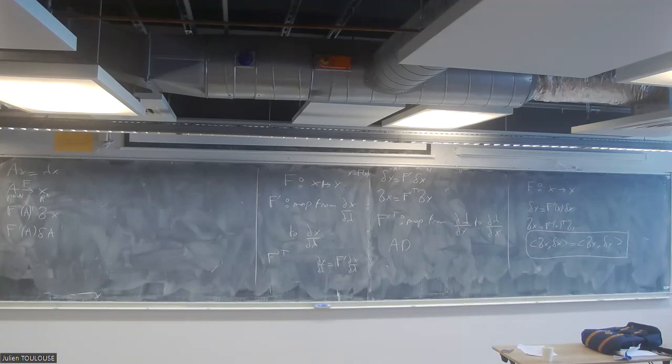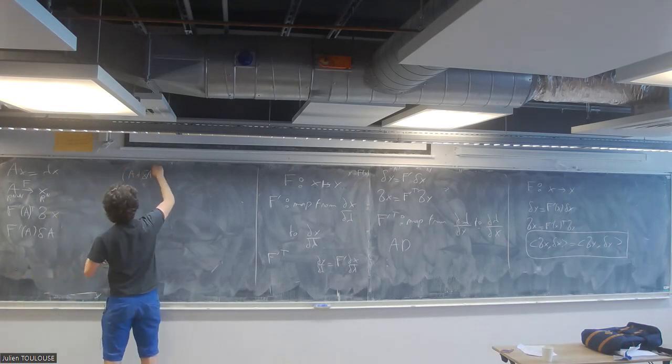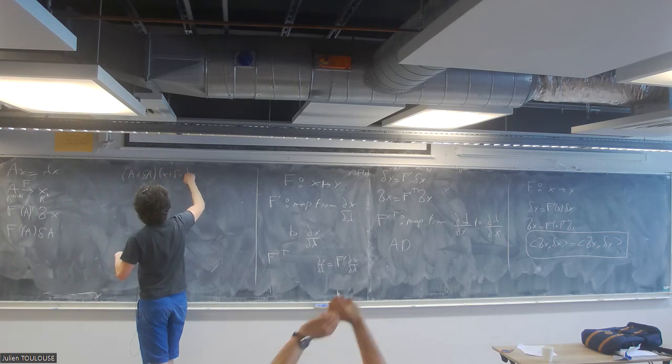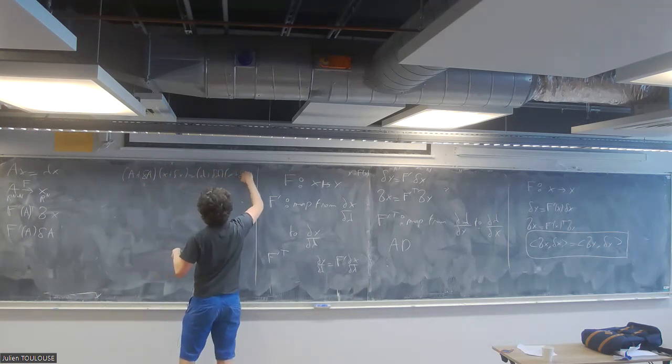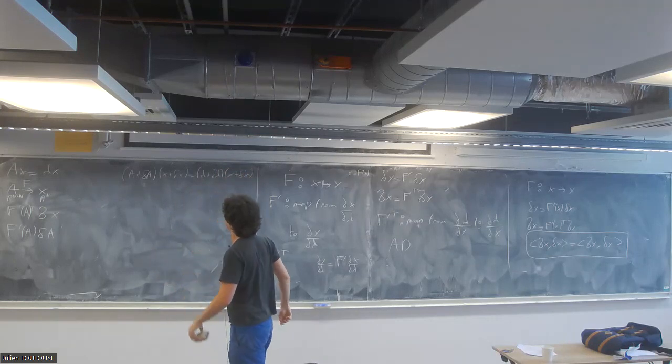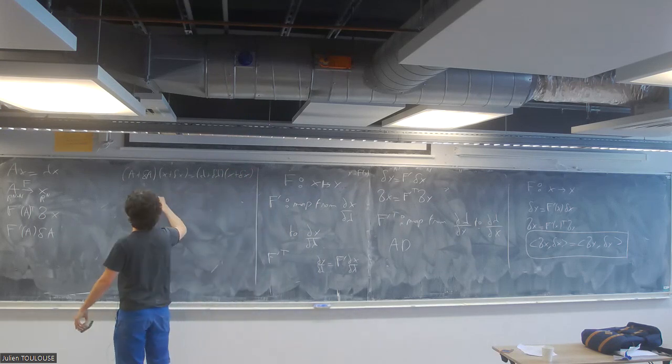Not really delta x, because this is the map from A to x. So in order to compute this, you have to solve (A plus delta A)(x plus delta x) equals (lambda plus delta lambda)(x plus delta x), to first order.